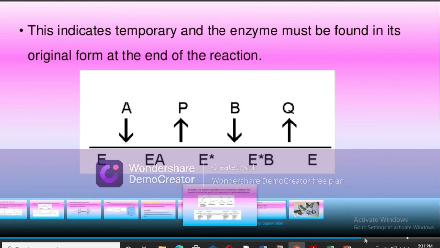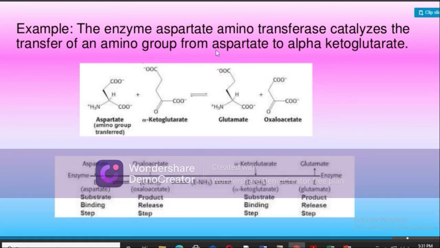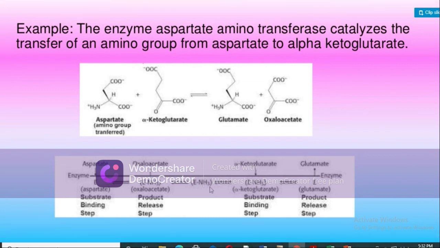This is a typical example: aspartate plus alpha-ketoglutarate. Look at it. You have your enzyme. The aspartate will first bind to it to produce the enzyme-amino group-oxaloacetate complex, then the oxaloacetate will be released. Some part of the aspartate, which is the amino group, is now added to the enzyme. That is why you will not regenerate your E, and why in the previous slide we have E asterisk.